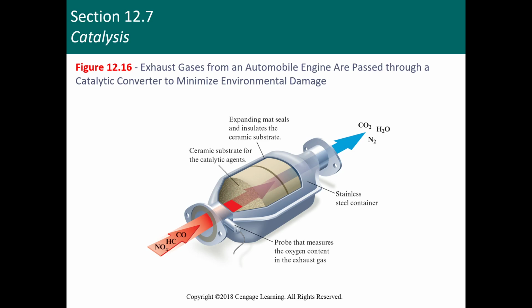In your engine, because of the high heats, you can have unburned hydrocarbons, which are little fragments of HC, which we're not showing you how large these are. This is carbon monoxide, and this is what's called NOx. It stands for NO1, NO2.